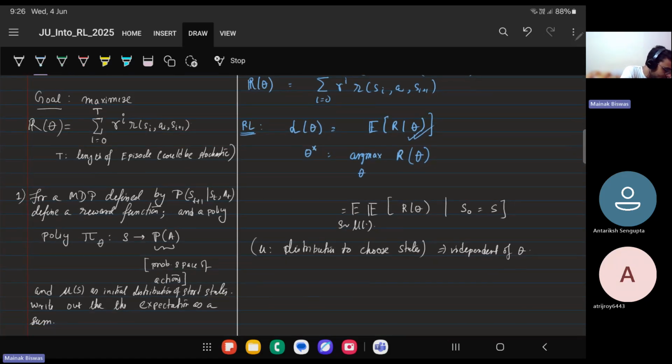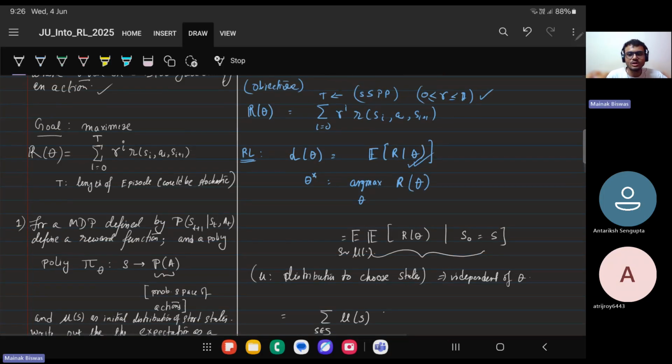So now, since you're all experts in RL, tell me what this is. This is mu of S summed over all S. And what is this? R theta given S equals S. You already know this: the summation of i equal to 0 to T of gamma to the power i times R of Si, Ai, Si plus 1, in expectation.